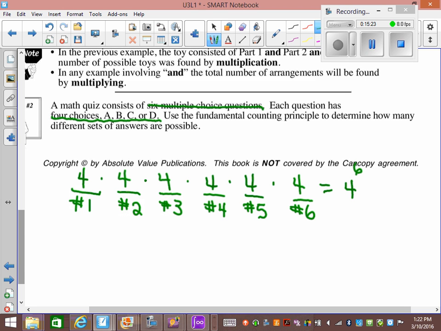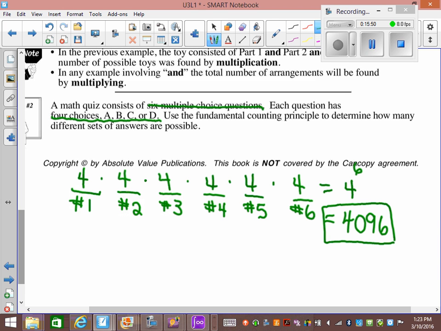4 to the exponent 6, someone put it in their calculator and tell me what it is. It's a large number. Thank you. 4,096. So if you thought, hey, a 4-question quiz, I have a pretty good chance of doing well on it.